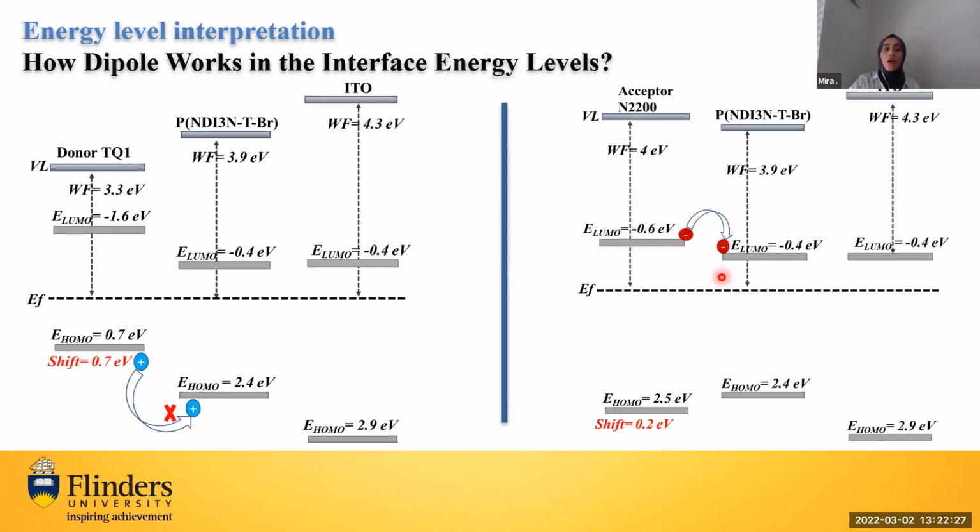And this is also what we want from this layer, because N2200 works as the acceptor layer. So in this case, the energy level alignment meets the expectation of using P11 as a cathode interface layer for blocking the hole and facilitating the electron when we use TQ1 and N2200 as the active layer in this device.